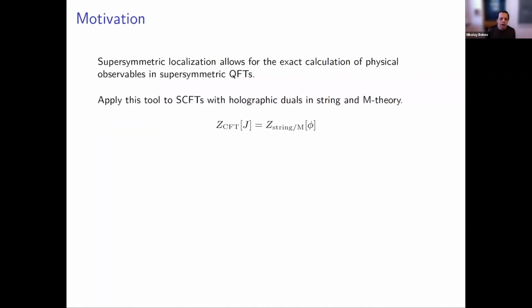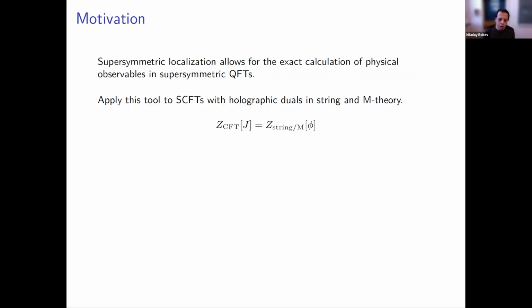Good. The motivation for this work comes from the AdS/CFT correspondence, where essentially one way to formulate the correspondence is as an identity between the partition function or the path integral of a CFT in the presence of some background sources, J, and then the path integral of string or M theory, again with some specific boundary conditions on an asymptotically anti-de Sitter space.